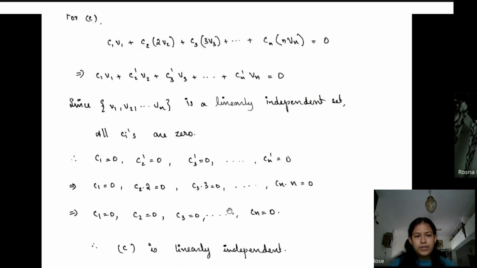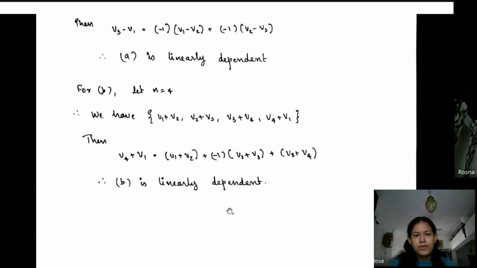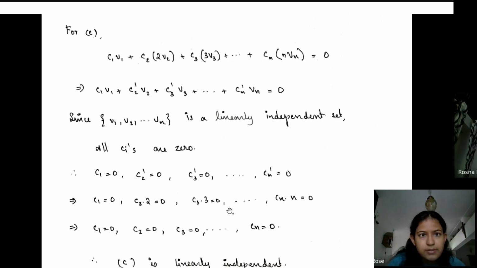Now what happens with our case C? It's jumping very fast. Okay. For option C, we have the collection of vectors v1, 2v2, 3v3, and so on. If you want to say that they are linearly independent, you have to look at the linear combination of them with 0.